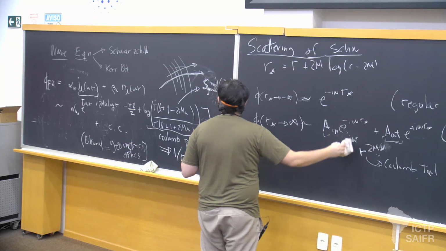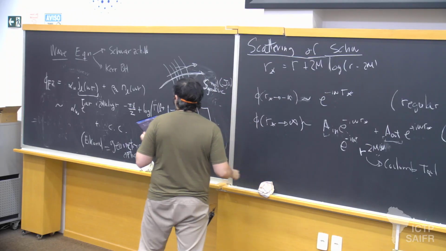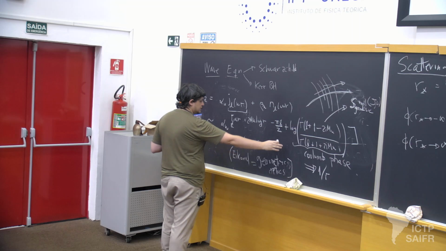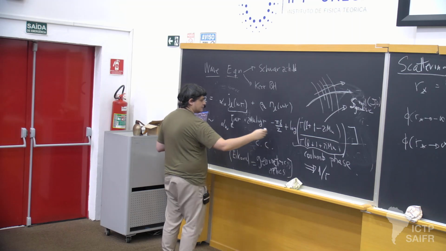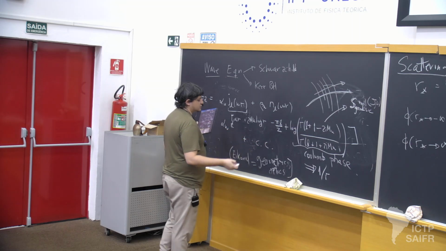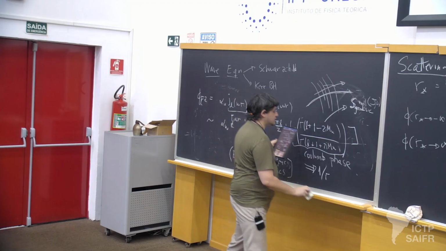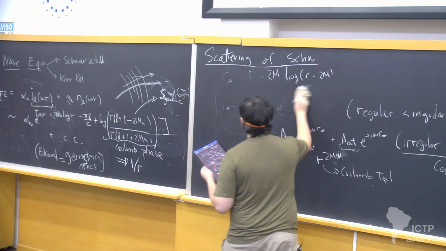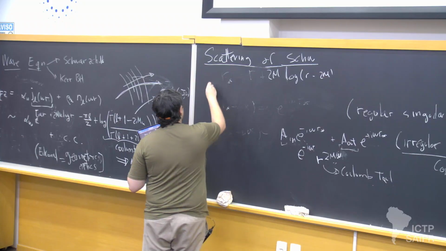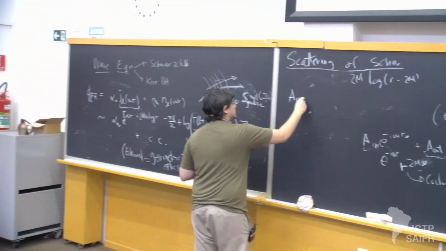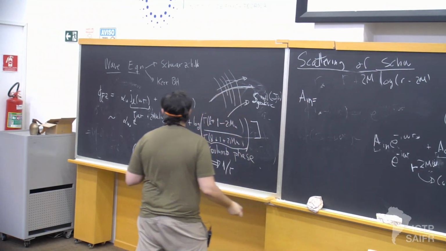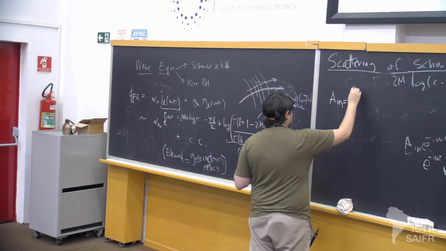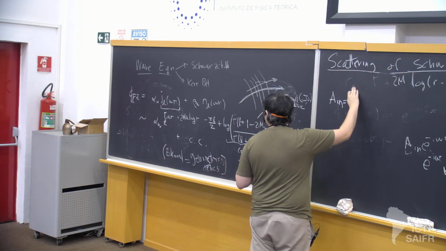So here, what I'm getting is these coefficients, an expansion. What I can say is that my A in is given by the logarithm part, which is exponentiated.